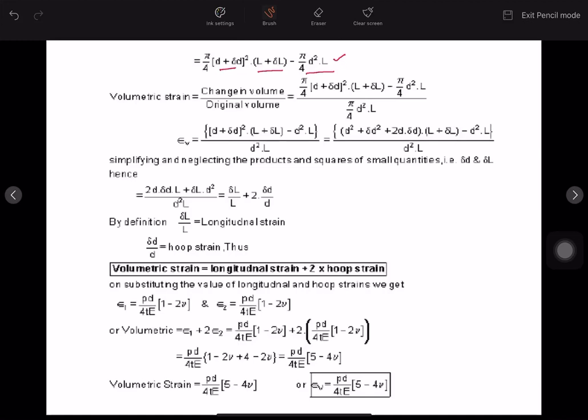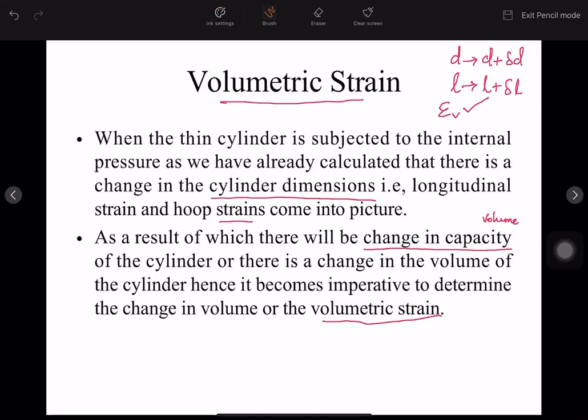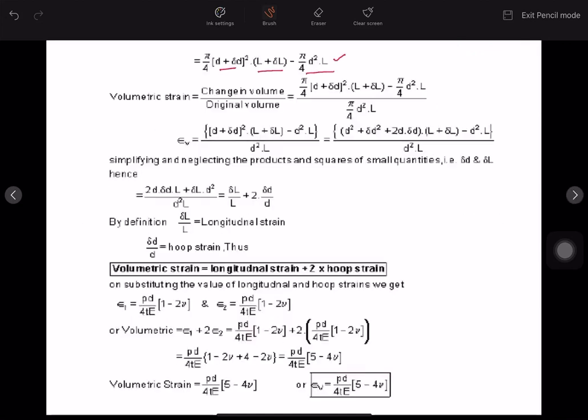We already know strain is the change in dimension by the original dimension, and here we are discussing volumetric strain. So volumetric strain will be the change in volume by the original volume.